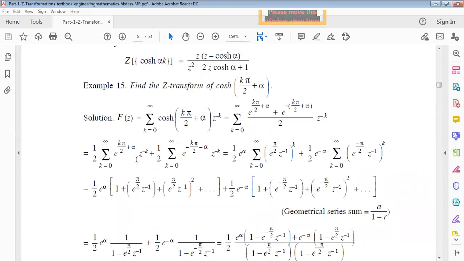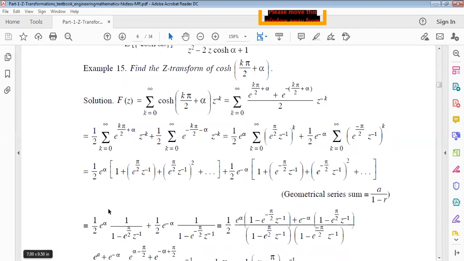Now we get e to the power alpha as common. Separating e to the power alpha and e to the power minus alpha also from the second one, and half also separated: half e to the power alpha by 2, e to the power minus alpha by 2. Taking the whole power k as a common power, right? Look like the before example.